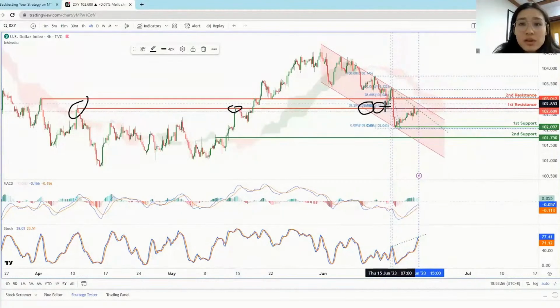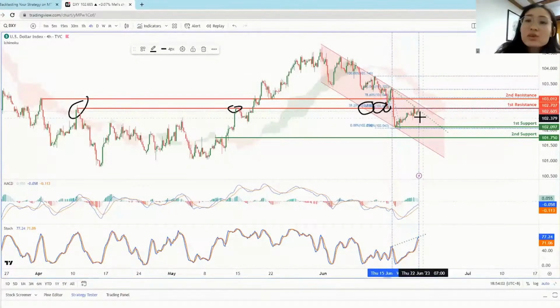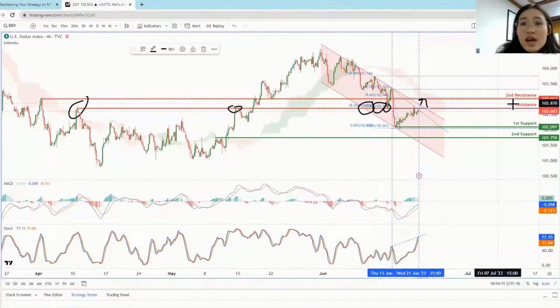It's actually an overlap as well. So because of all of these factors, it's a confluence area. So we could see price reversing off of it, or we could see price pushing forward, that's suggested on our stochastic, pushing up to our second resistance, and maybe not up to our second resistance actually.